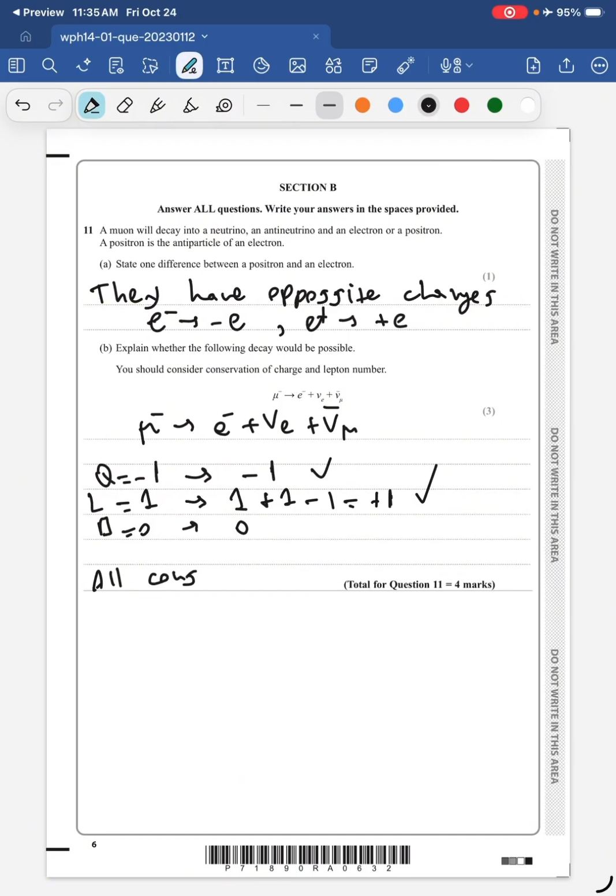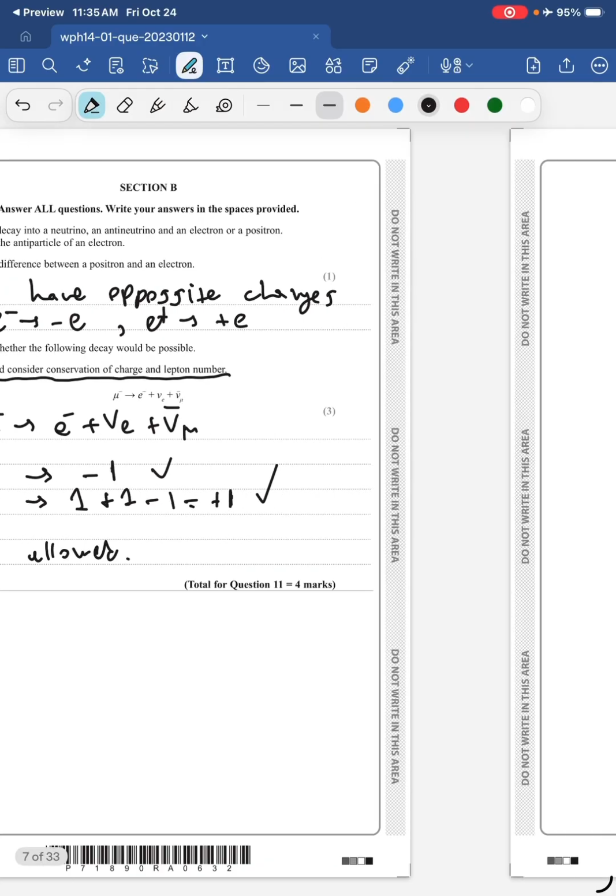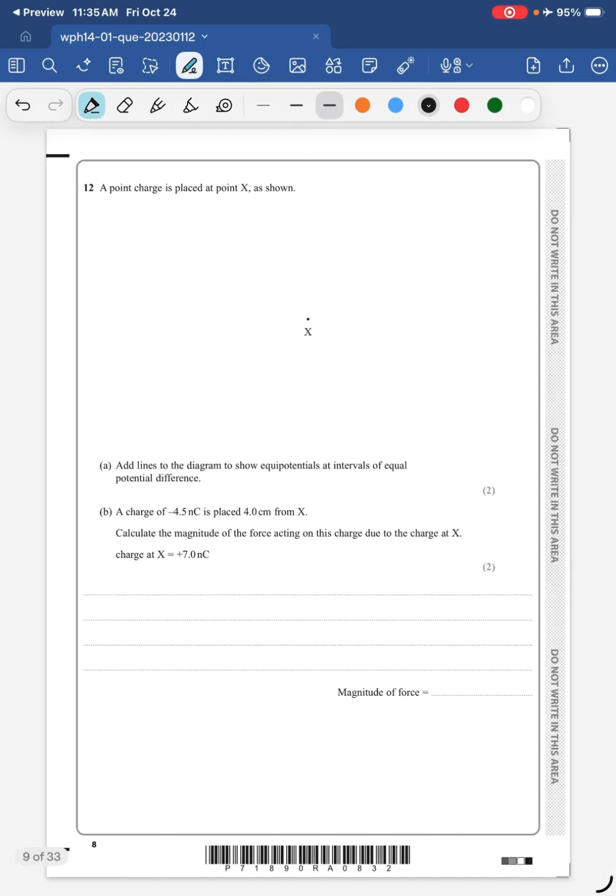Oh wait, it is specified that you should consider conservation of charge and lepton number. So this is unnecessary. So actually we have to say that this is allowed, since charge and lepton numbers are conserved. So let's move on to question 12.